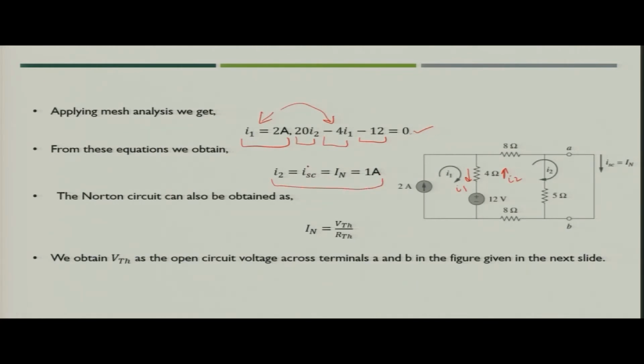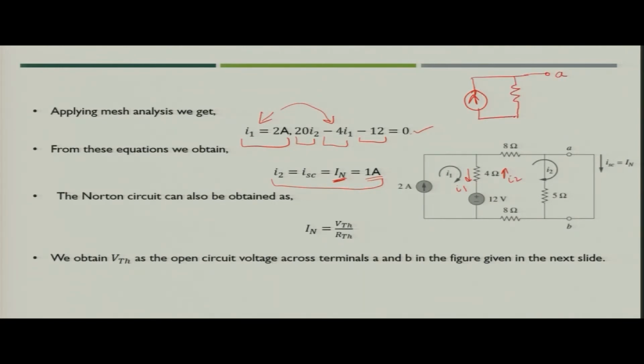That is nothing but the short circuit current, because I2 is nothing but the short circuit current here. This is also the Norton's current, and you get the value of Norton's current as 1 ampere. So, what Norton's equivalent will you get? You will get the Norton's equivalent as shown in the figure now.